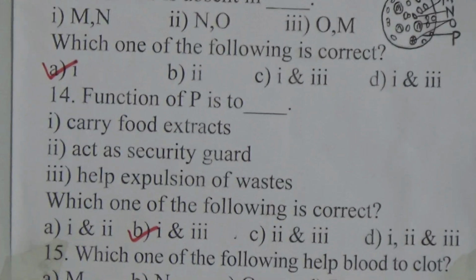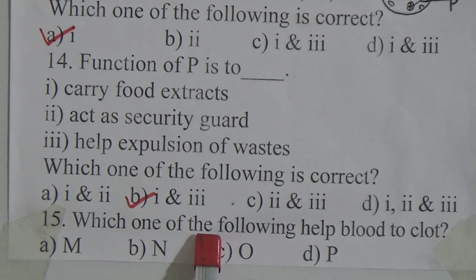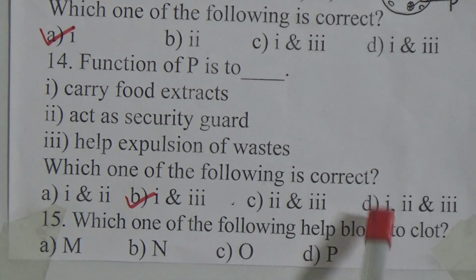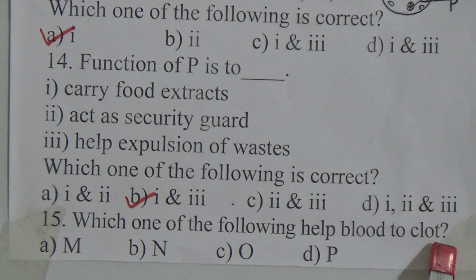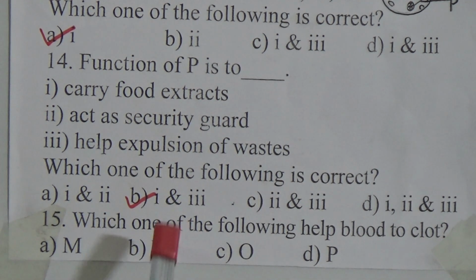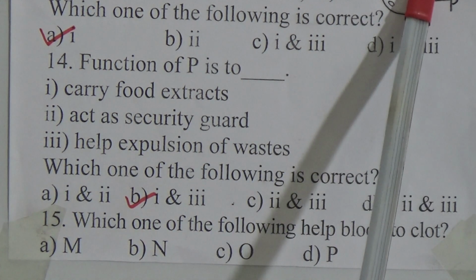Now the last question, 15 number. Which one of the following helps blood to clot? The answer will be B, because we already know that label N is platelet.